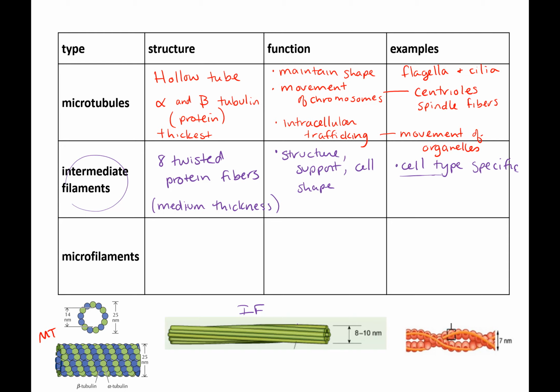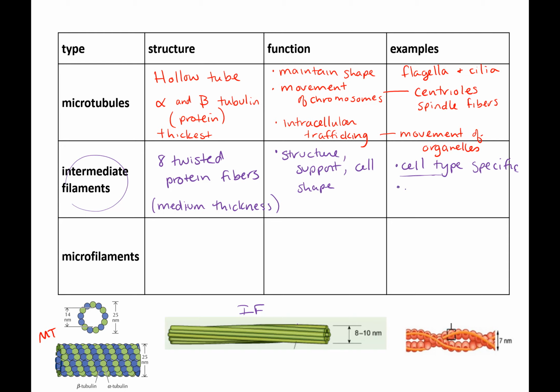So you could have a lump, a tumor in one of your lymph nodes that came from the liver, or came from the breast, or came from other types of tissue, and they can identify the origin of that cancer based on intermediate filaments.